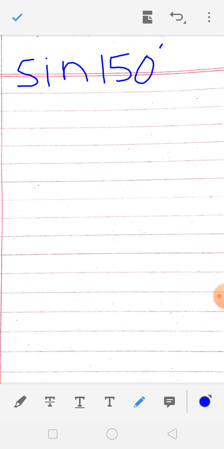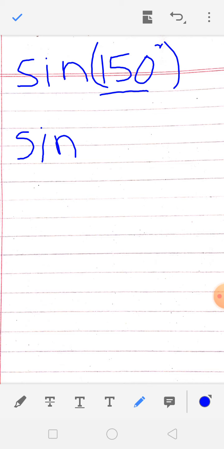Okay, suppose this is our question. Sine 150 degree. Find the value of sine 150 degree. Okay, first of all you should look at the 150, it is below 180. So we can use 90 degree only. 90 degree. Okay.